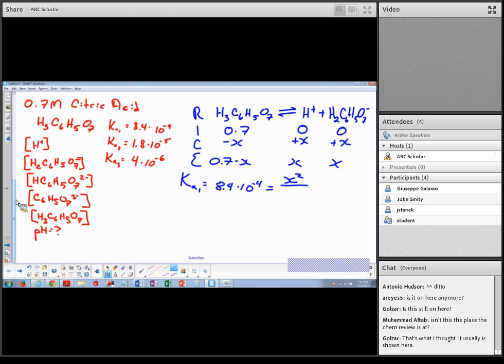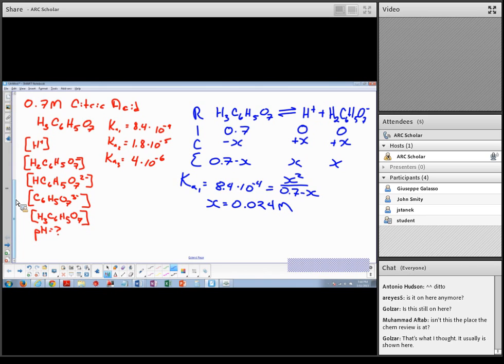All right, so we know how to set this up: X squared over 0.7 minus X. If I were to plug that in and solve for X, you can ignore X in the denominator, you should be able to with this one. So what do we get for our value of X? 0.024.